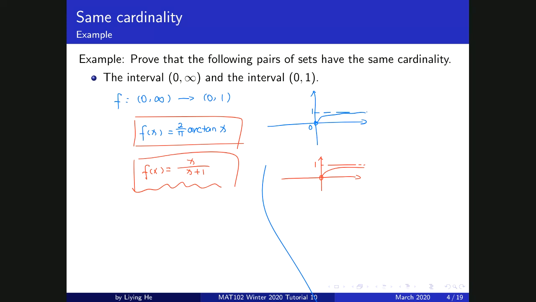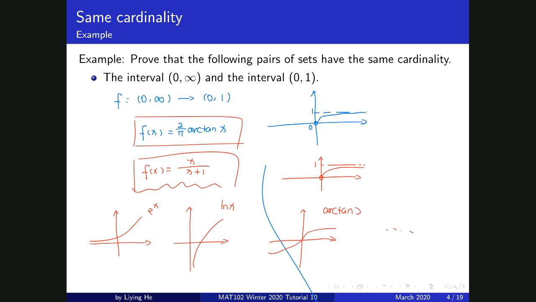To come up with a function that works when working with two sets, is there a trick? Not really, but what I suggest is that it's better that you know as many graphs of functions as possible. For example, some functions you really need to know are e to the power of x, ln x, and also arctan, which looks something like this, and a lot of other functions.